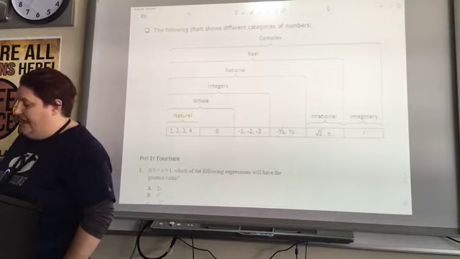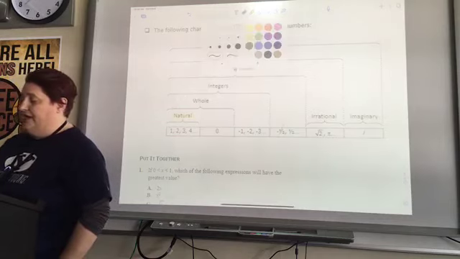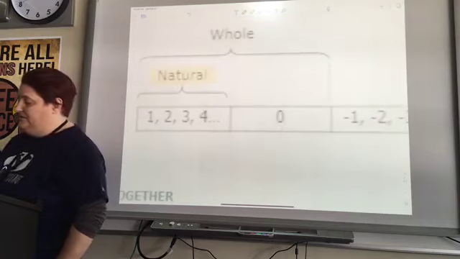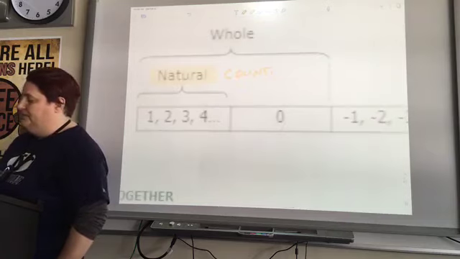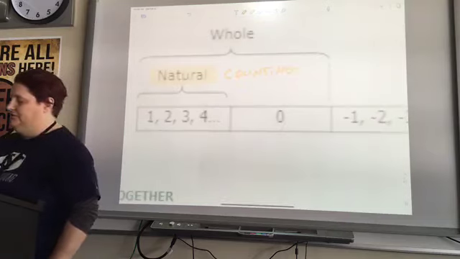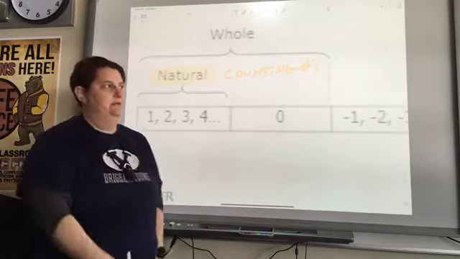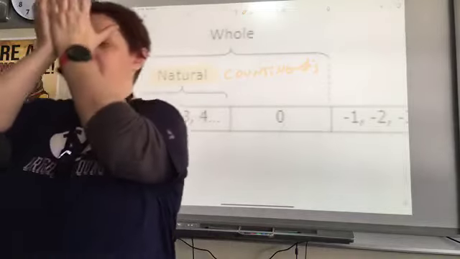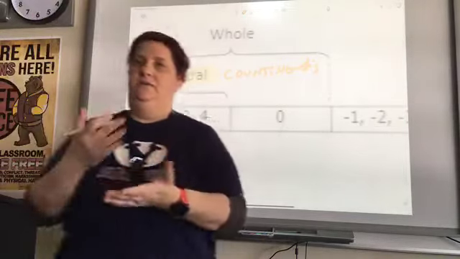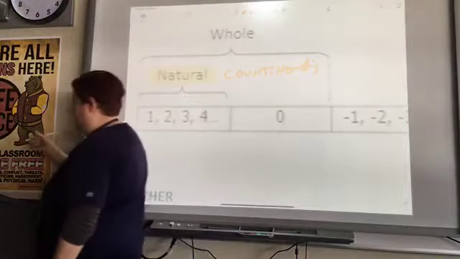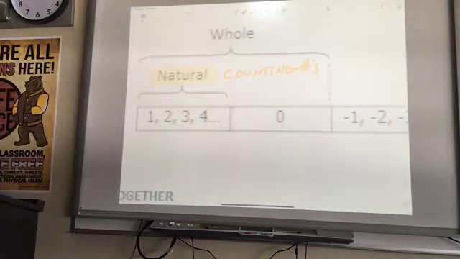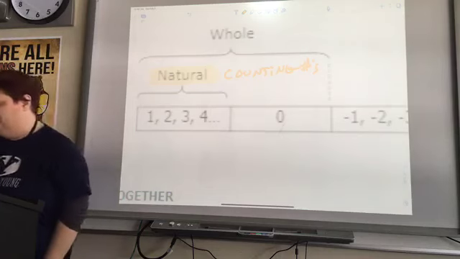Positive integers. Yeah, they're all the positive integers, okay? And when I used to teach this from the beginning, I called these counting numbers. Because when you're playing hide and seek and you go count, are you like 0, 1, 2, 3, 4? No, everybody just starts counting with 1, right? Or if my kid's not moving fast enough, I'm like, I'm going to count to 3. 1, 2, 3. Okay, those are your natural numbers, your counting numbers, right?